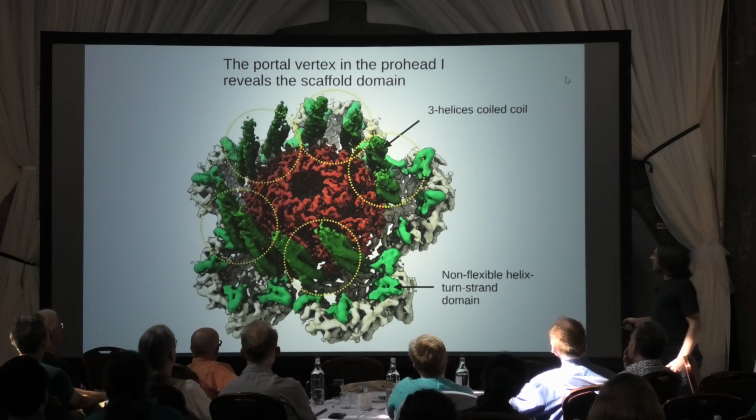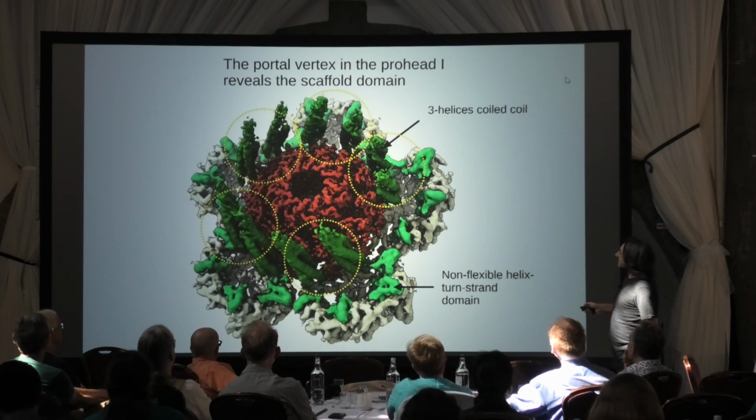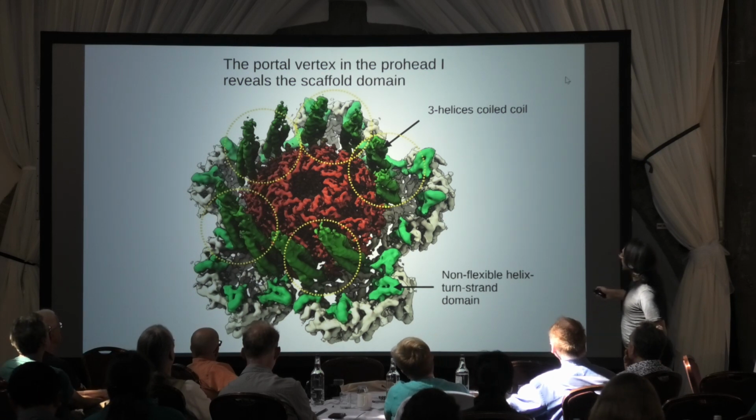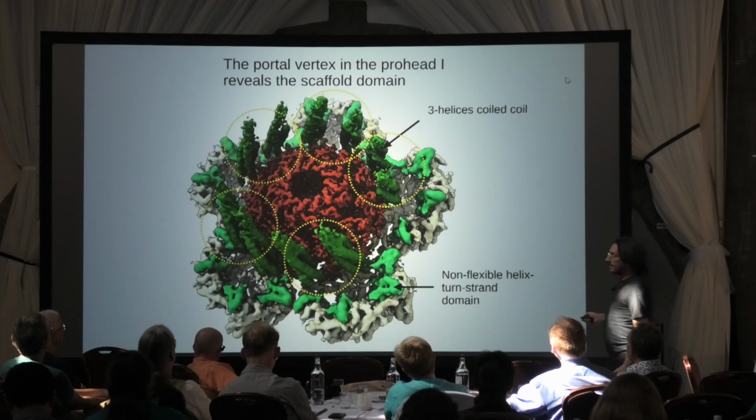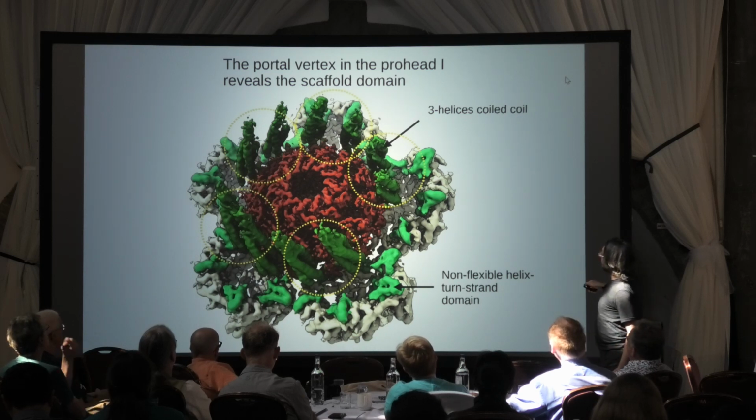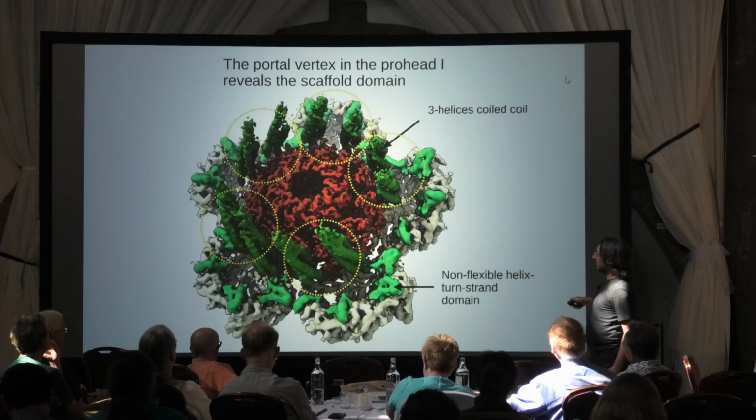Also, this explains why these coils are spread around the structure asymmetrically. Because in that direction you have 6 of these coils, and in that direction you have 4 of them, because they have to follow the pattern of the capsomers.